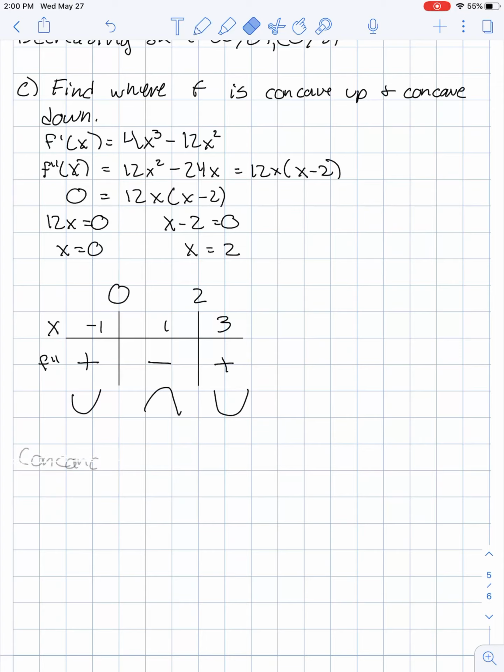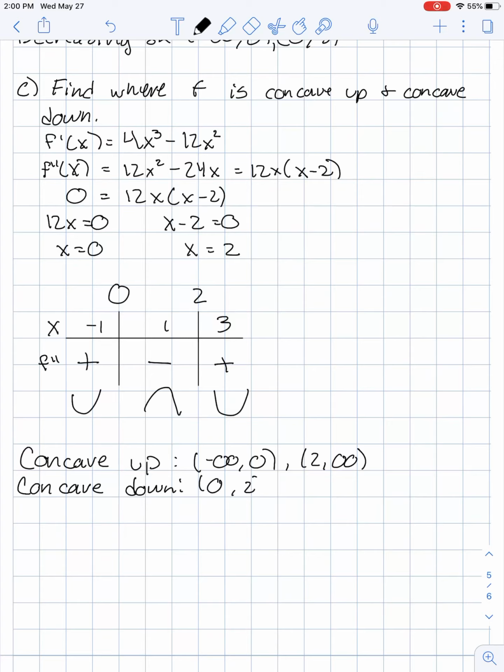Why can I not spell today? I can never really spell. So we are going to be concave up from -infinity to 0 and 2 to infinity. And then we're going to be concave down from 0 to 2. Just in that little spot.